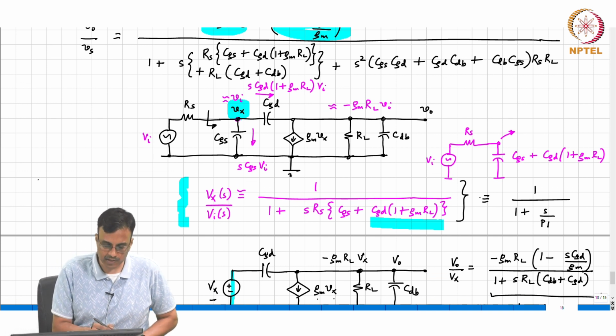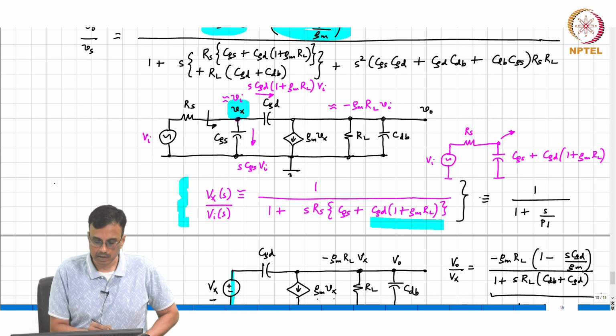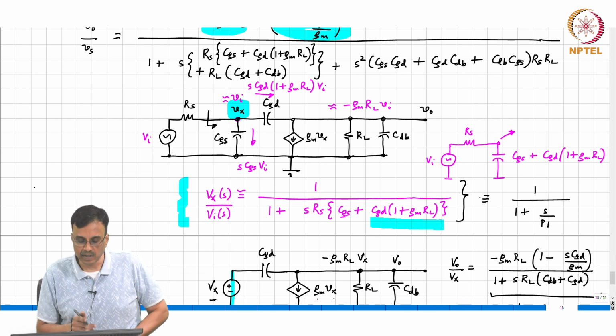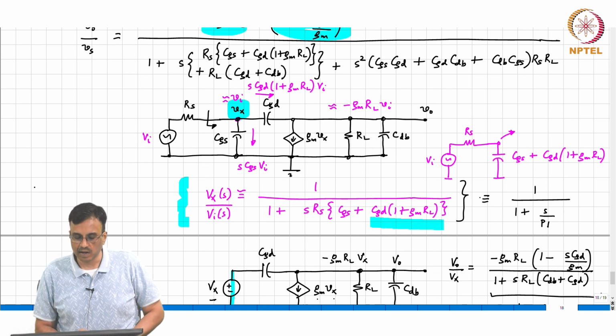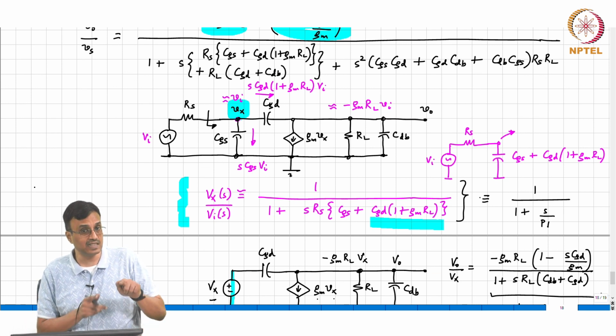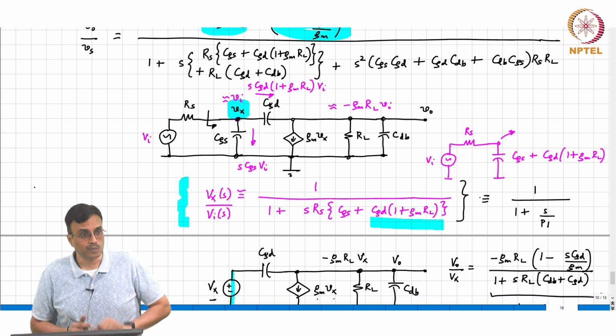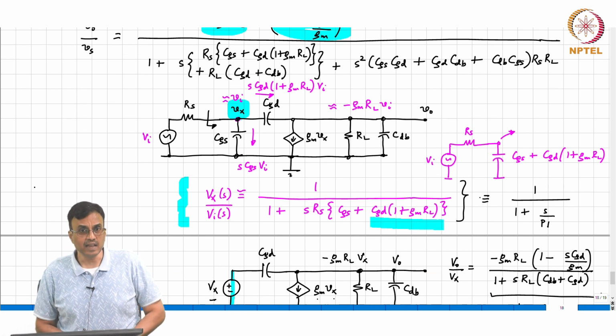So what is the effective capacitance at that node Vx? It is kind of tempting to think of it as just CGS plus CGD, but it is not. It is more than CGD. Why?